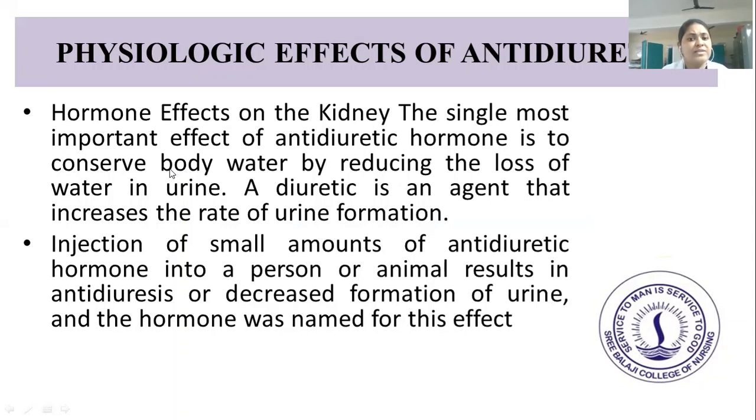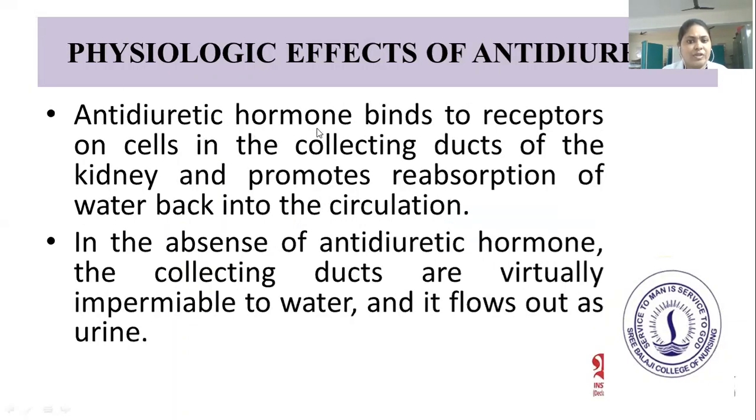So when you give antidiuretic hormone to a patient with diabetes insipidus, it will automatically create an antidiuresis effect, which helps to lessen the amount of urine in the patient. The antidiuretic hormone binds to receptors on cells in the collecting ducts of the kidney and promotes the reabsorption of water back into the circulation.